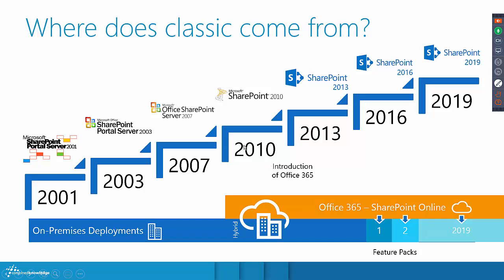From 2010, Microsoft started to introduce SharePoint Online, and eventually a more modern interface evolved, which was pushed into 2013. So effectively, you could upgrade your SharePoint Online infrastructure to look like SharePoint 2013 eventually.